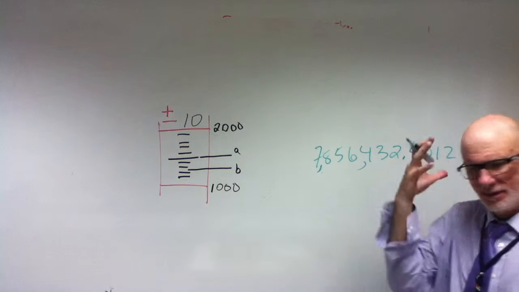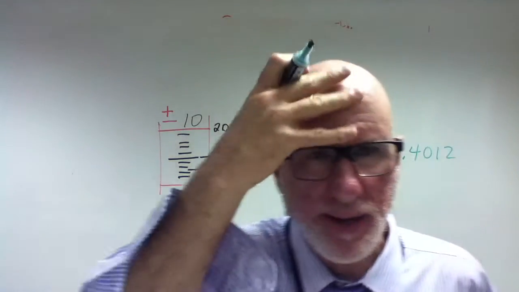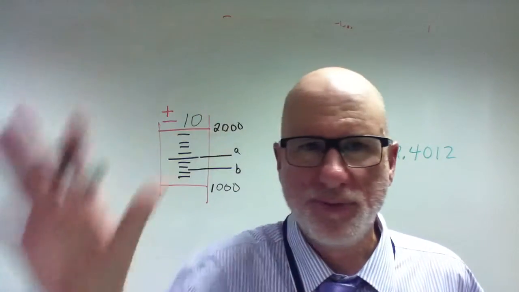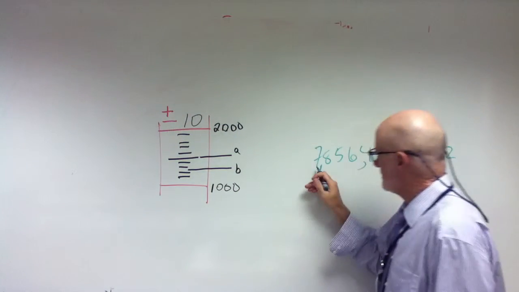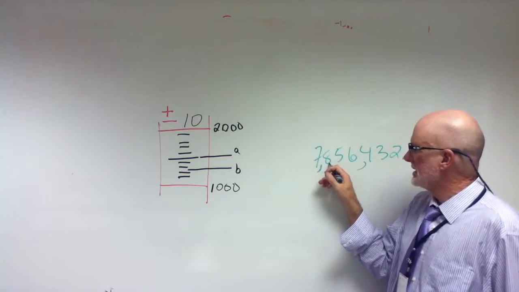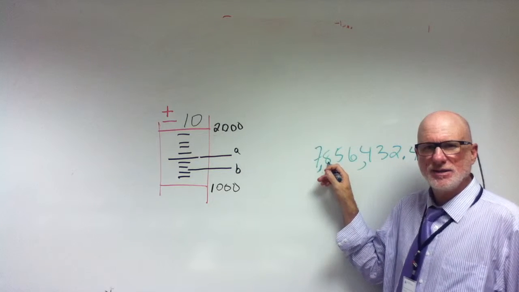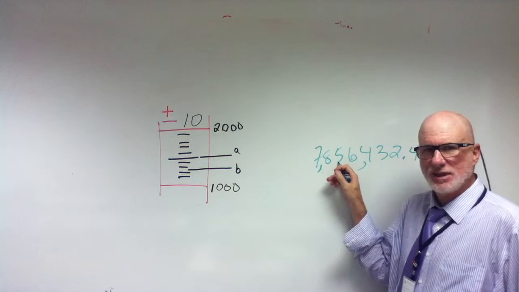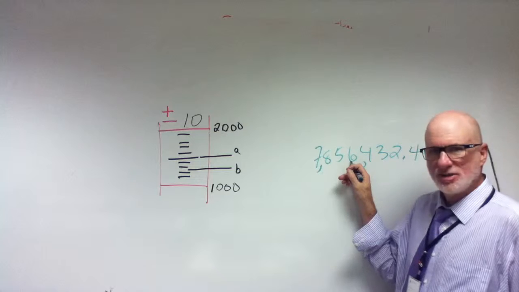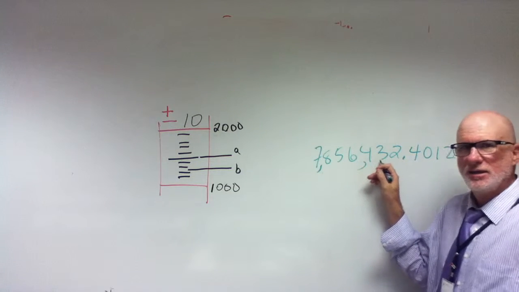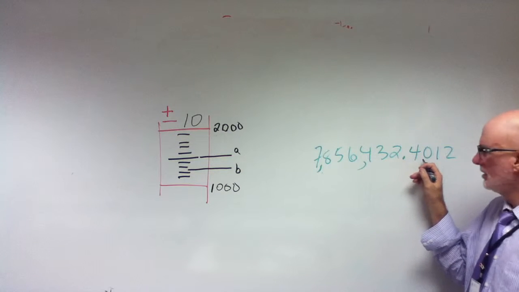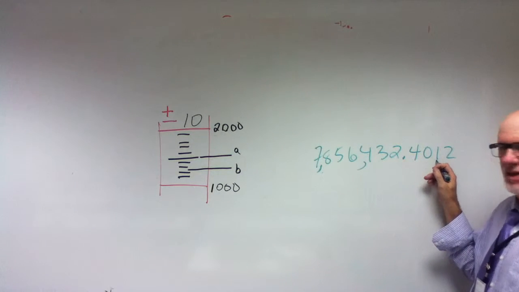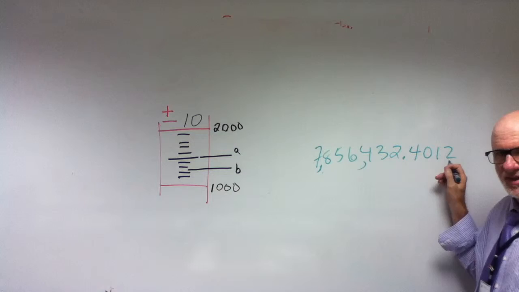Sorry, I'm losing my mind. My apologies. My brain is boiling from being outside. This is millions. This is hundred thousands. This is 10,000. This is thousand. This is hundred. This is tens, ones, tenths, hundredths, thousandths, 10 thousandths.